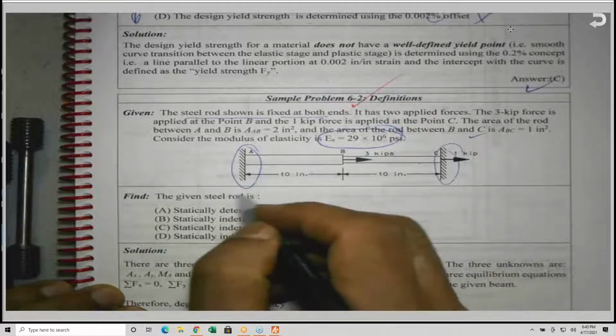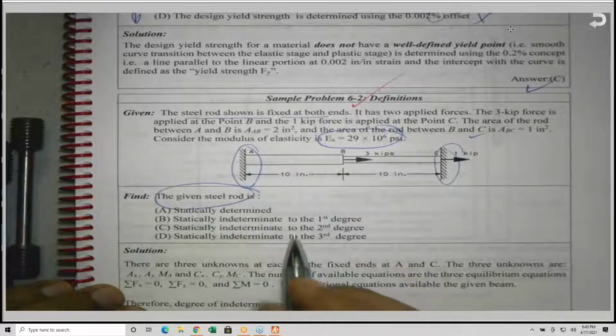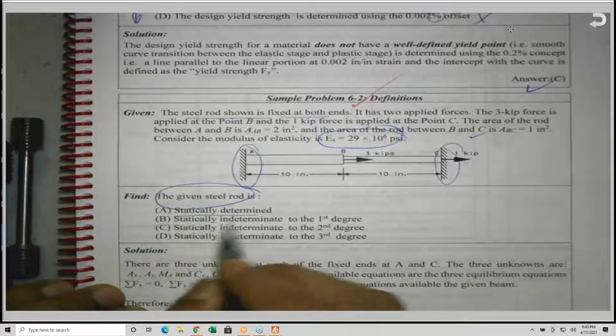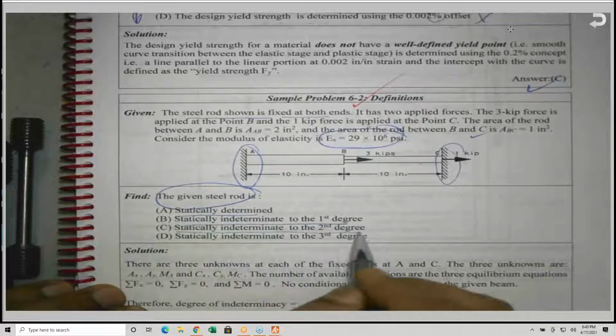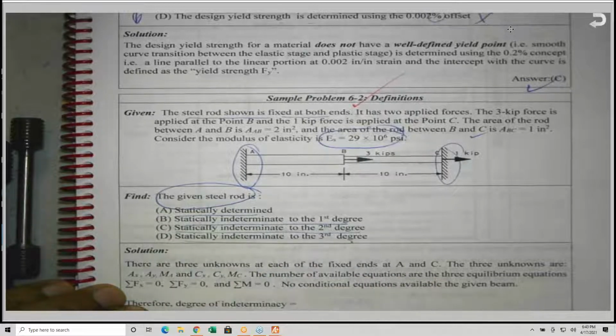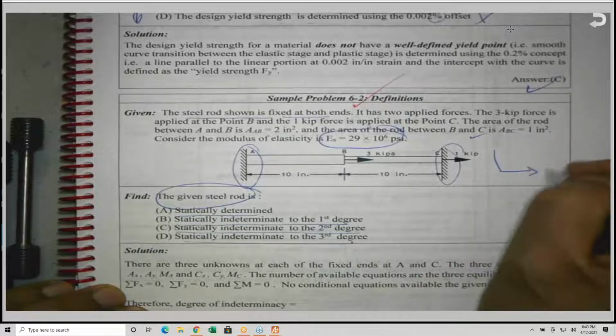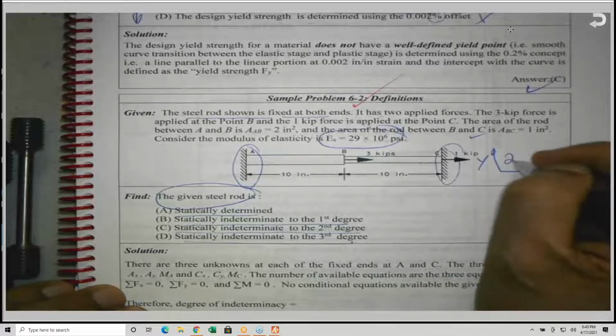But the question is, is this rod statically determinate, or statically indeterminate to the first degree, second degree, or third degree? If you remember, this is a 2D system, by the way, X and Y.